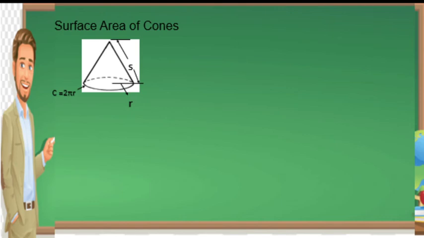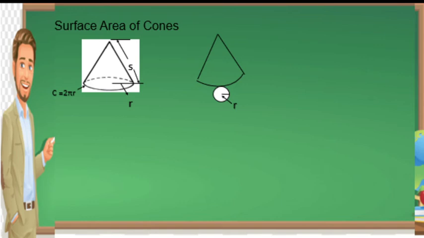Okay, so let us use the net of this cone to help us to see how the formula for the surface area of a right cone is derived. So let's open it. Okay. So this is the net of the cone.